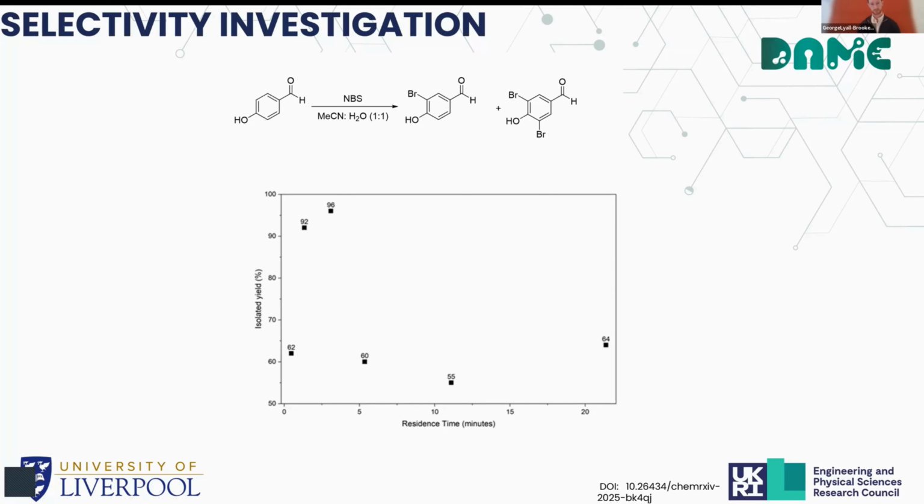However, if we reduced the residence time to as little as 3 minutes, we could see a near 30% increase in the isolated yield, returning 96% of the dibrominated species, indicating that potentially, if you have a stronger electron donating group and the aromatic ring that you're trying to brominate is more electron rich, you may even be able to further reduce the residence time for the reaction down to 3 minutes.